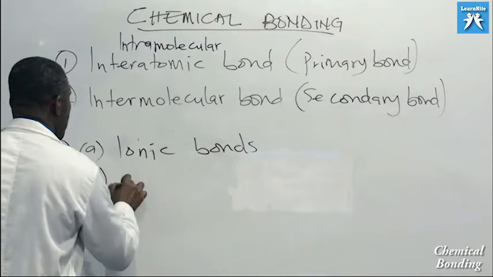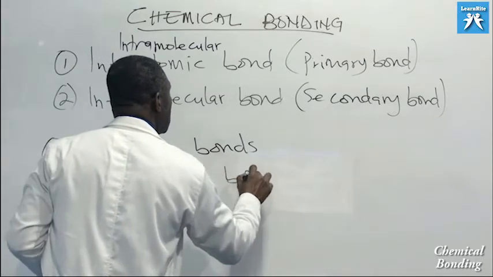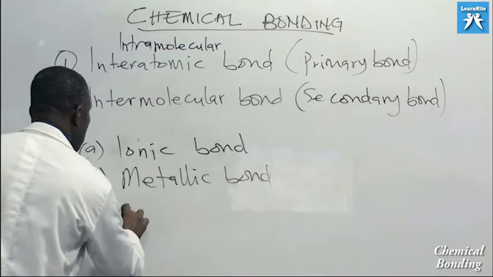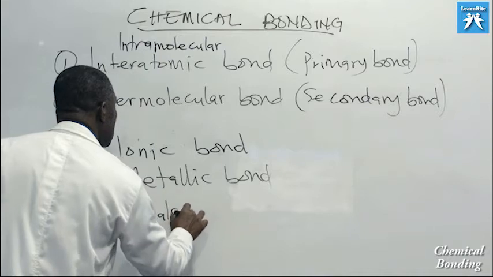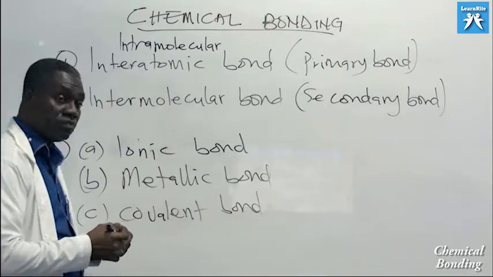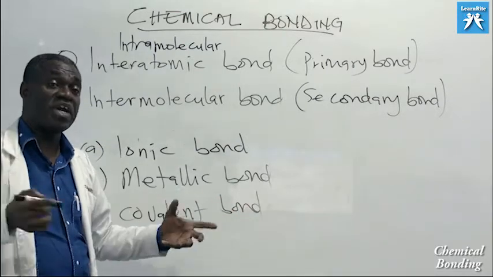B, we have metallic bonds. Then we have C, covalent bonds. Under this, we may have some types of covalent bonds, but when we get there, we explain them.